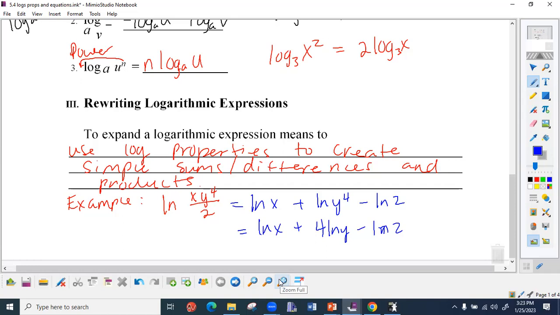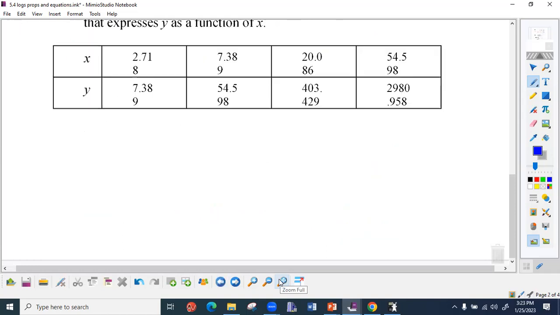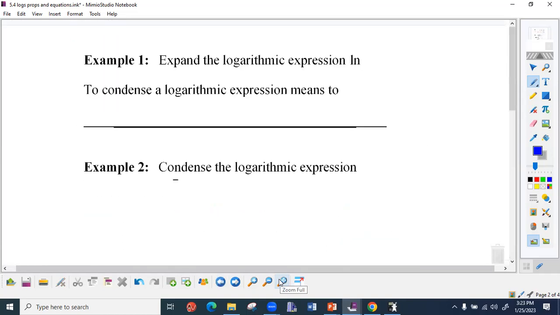All right. Now we're going to go the other way. It's called condensing. So to condense, you use the properties to rewrite as a single log.